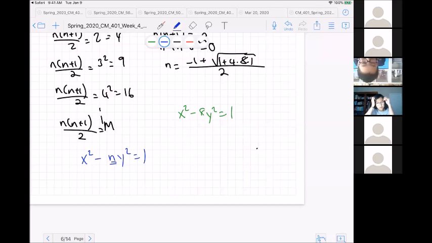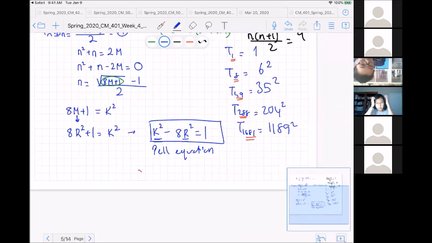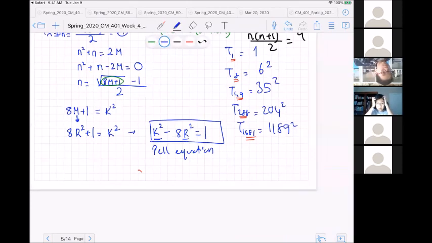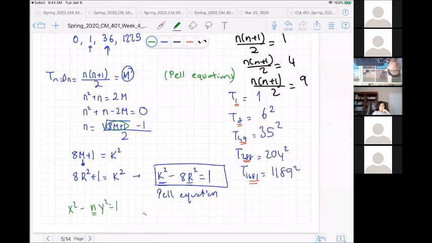Okay, guys. In this case, you ask how do we solve this one? The form of the Pell equation is this, when n is a non-square integer. You're asking how I found this, and why 8?